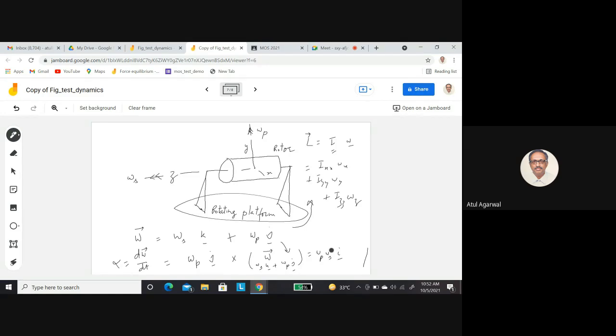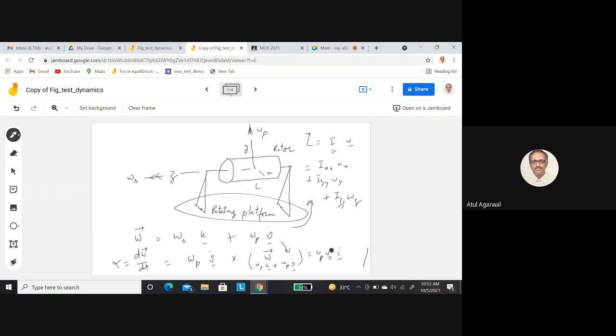You know Ixx. What will be Ixx? If this length is L, it will be ml square by 12. What will be your Iyy? It is about this axis, again ml square by 12. And what will be your Izz? It is about this axis, so this will be mr square by 2, where r is the radius.